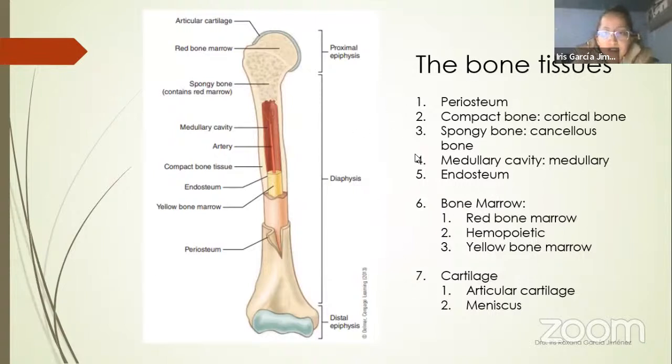Can you read this slide, please? Just the text, not the picture, okay? Periosteum. It's the bone tissues and all of the list, please, from 1 to 7.